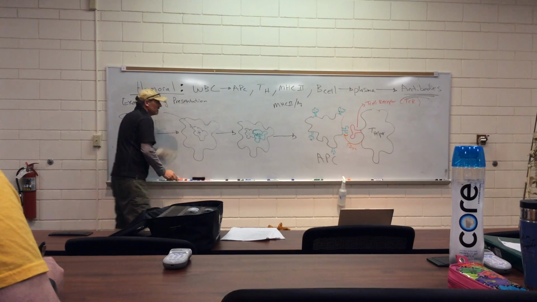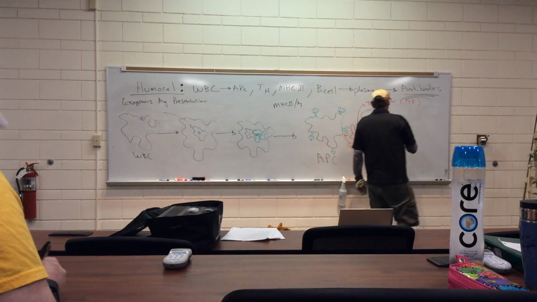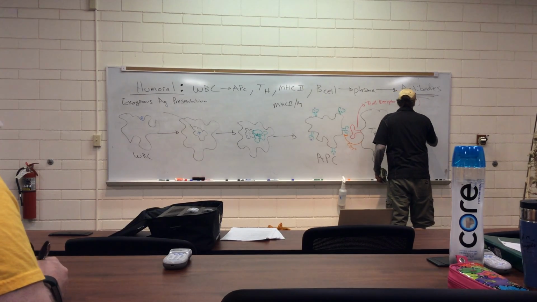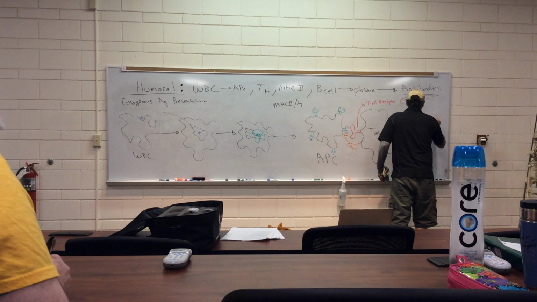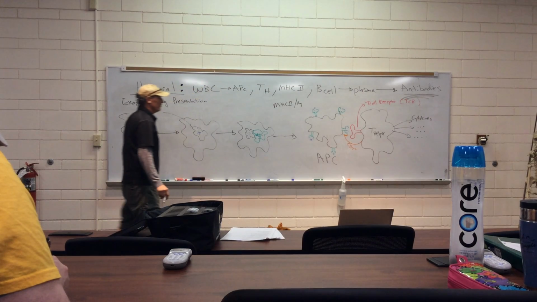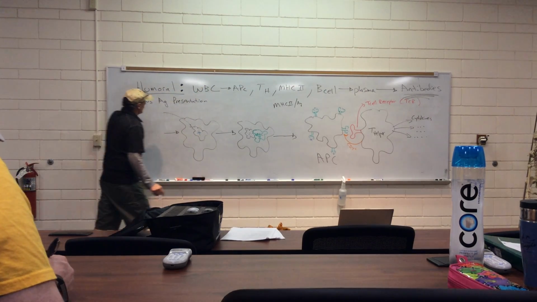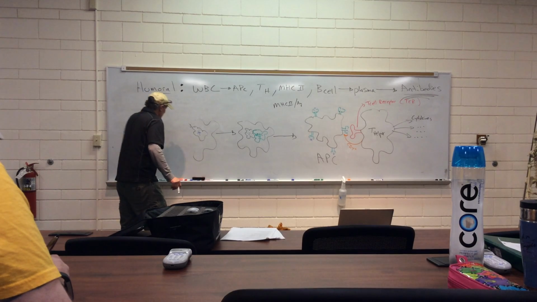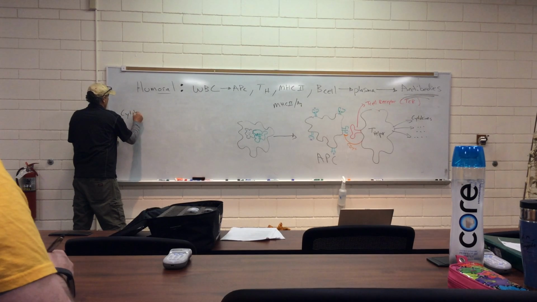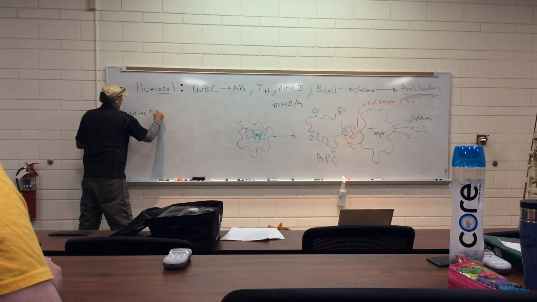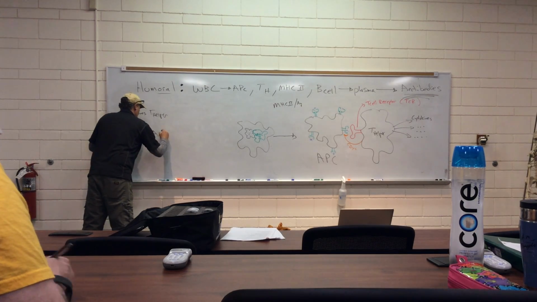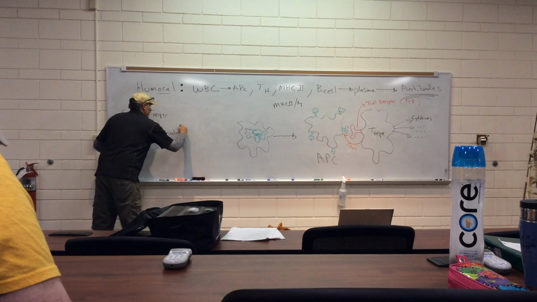Now it's this T helper which does a few different things. But the big thing is it basically produces a lot of cytokines or signaling molecules. These are specific to B cells. So those cytokines from the T helper activate a B cell.